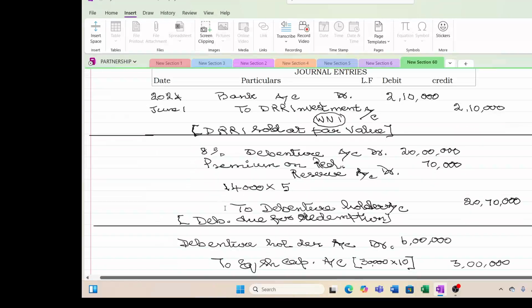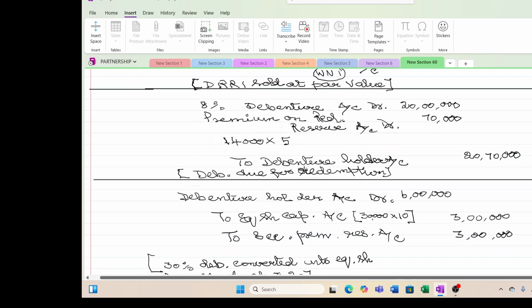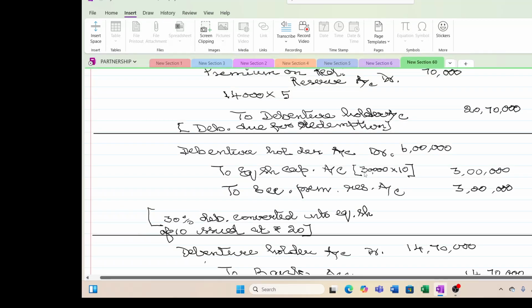So only for the remaining debentures we are putting premium on redemption, that is 70,000. So the total amount due to the debenture holders is 20 lakh 70,000. Out of this, 6 lakh rupees is for 30,000 equity shares. We are going to convert this 6 lakh rupees into equity shares. 30% of this 20 lakh will be converted.